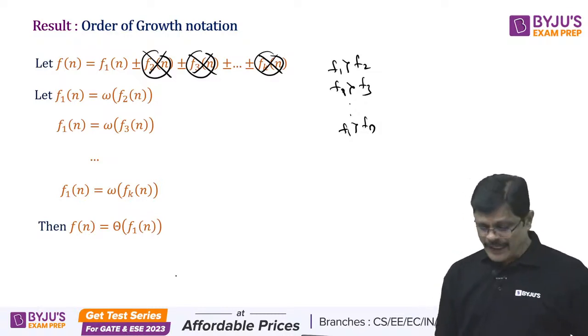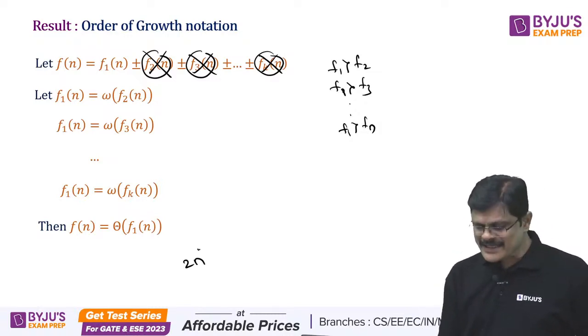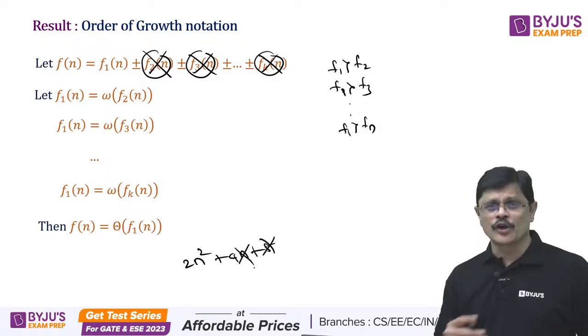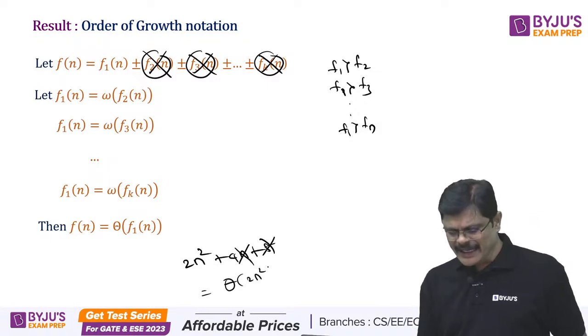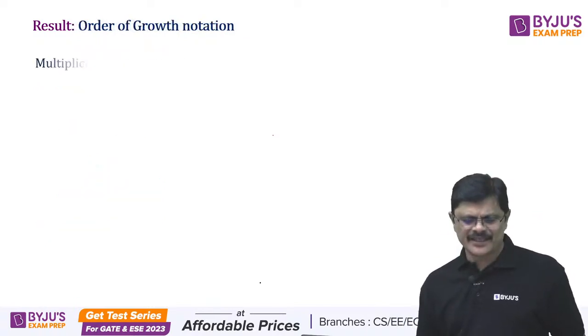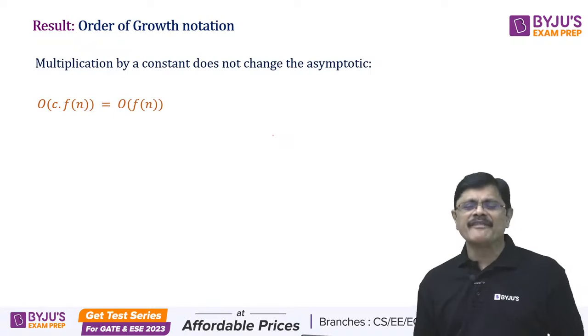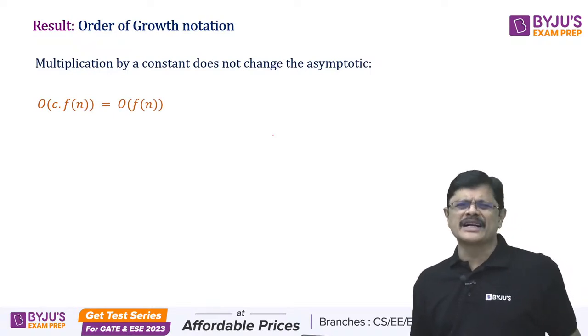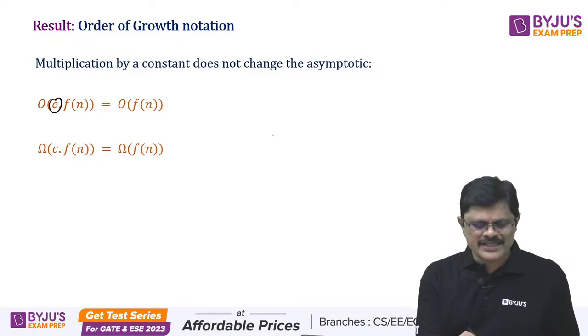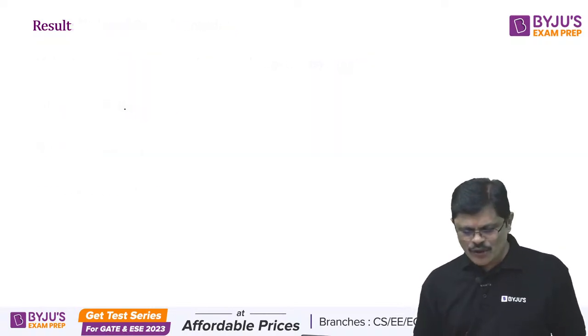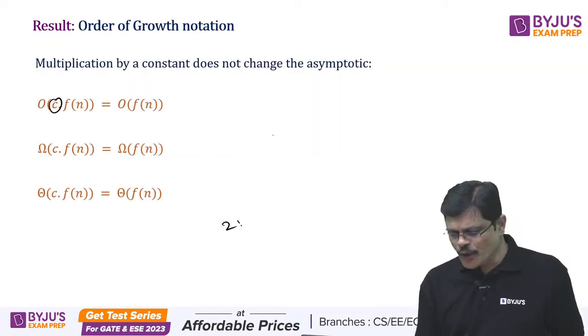That's why whenever you get an answer like 2n square plus 4n plus 5, you simply ignore or drop these fellows and you write it is theta of 2n square. Then later on with the next result, this constant factor also we can ignore because that is a machine dependent constant, my dear friends. So that is also ignored. So ultimately, suppose you got 2n square plus 4n plus 5.